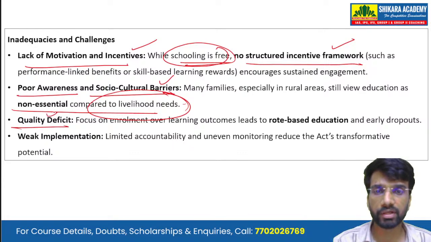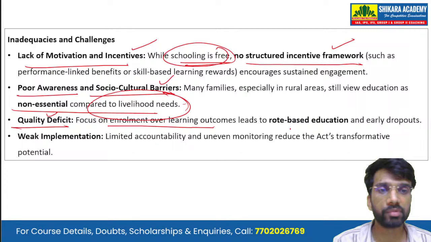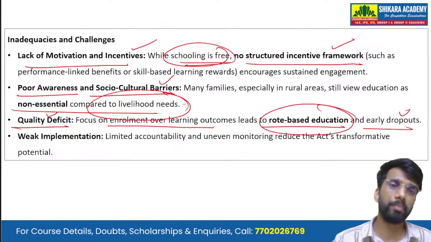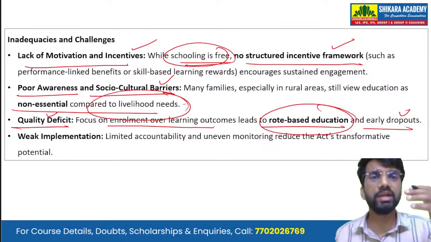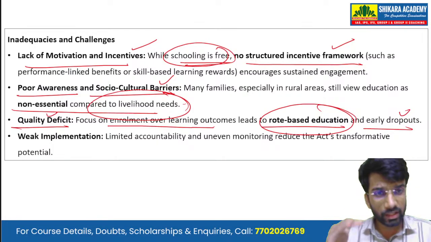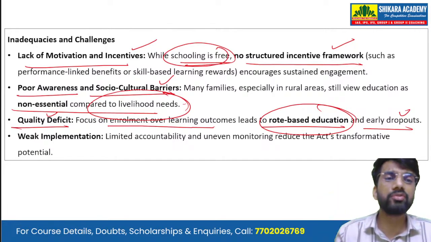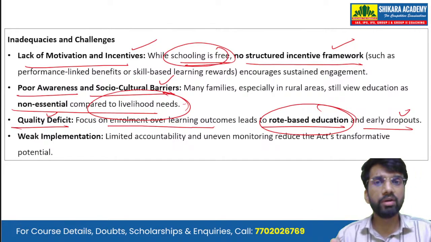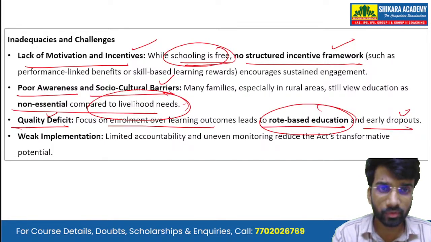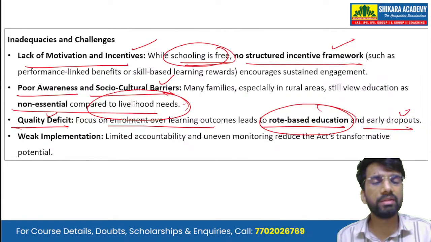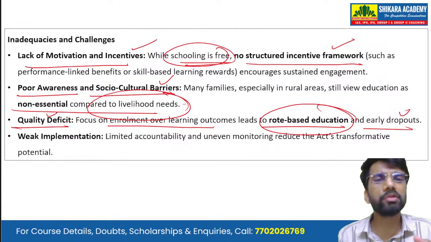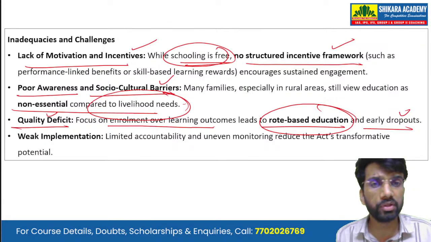Then there is quality deficit. The focus on enrollment over learning outcomes has led to rote based education and early dropouts. The government also places a lot of focus on increasing the enrollment ratio, the number of children in the schools, over their quality learning outcomes, and that has led to early dropouts and has also spoiled the early education system.